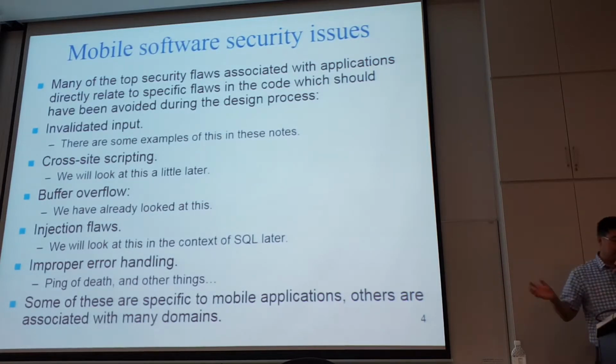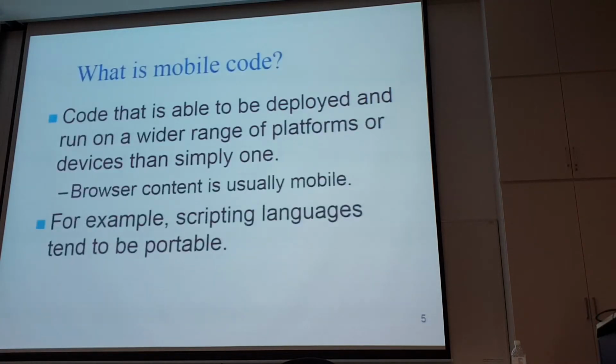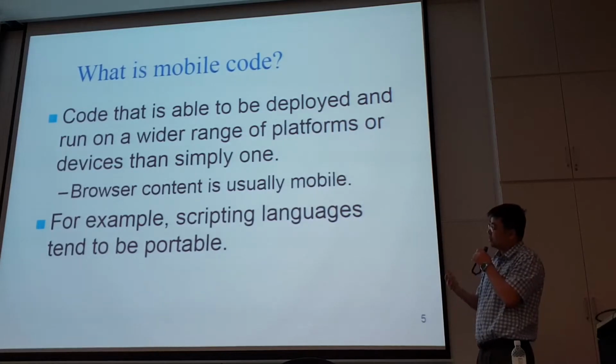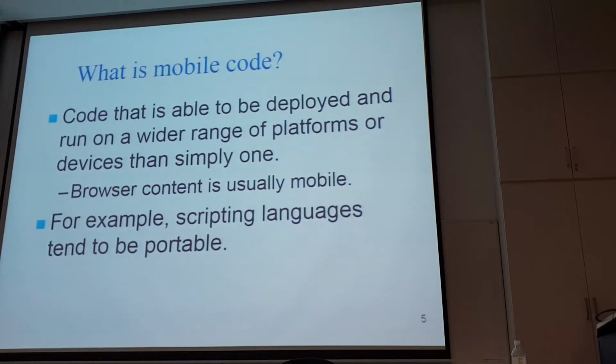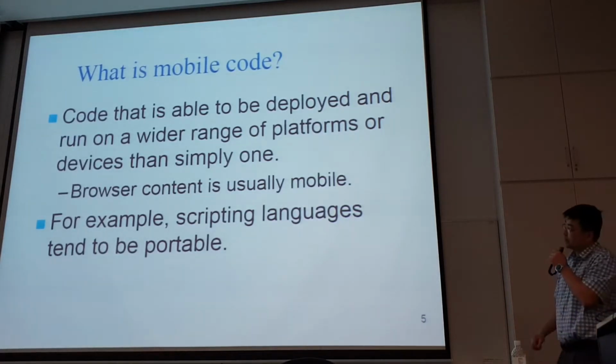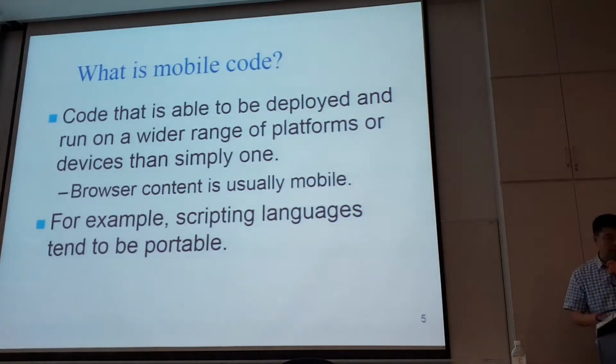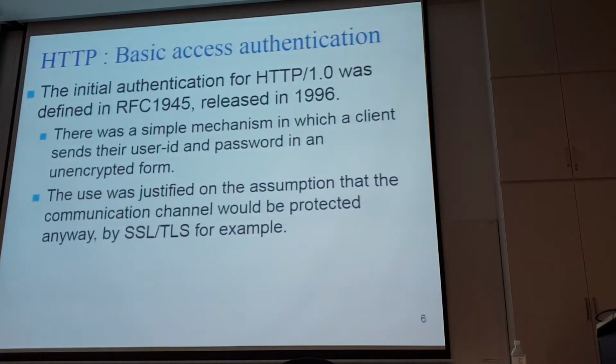Usually, all the programs that can be executed in the web browser, we consider them as mobile code. So we will mainly look at the code that will be executed in web applications or browsers, basically the scripting languages, and also HTML, HTTP, and so on.